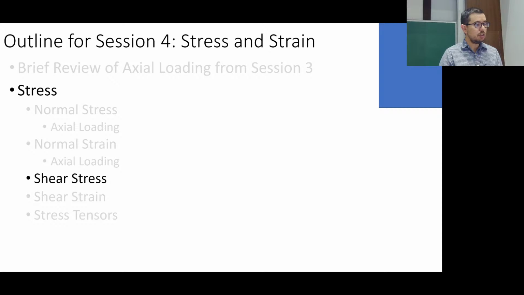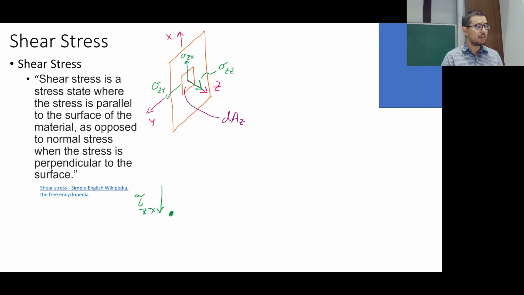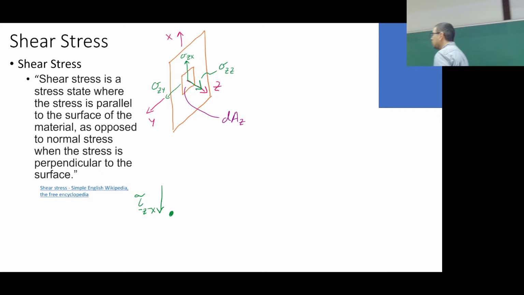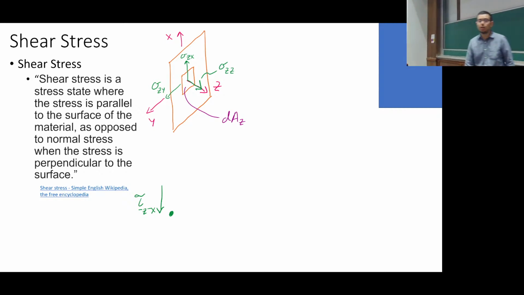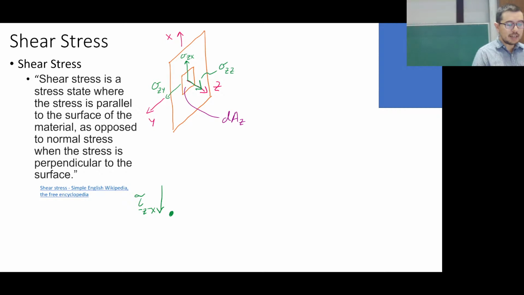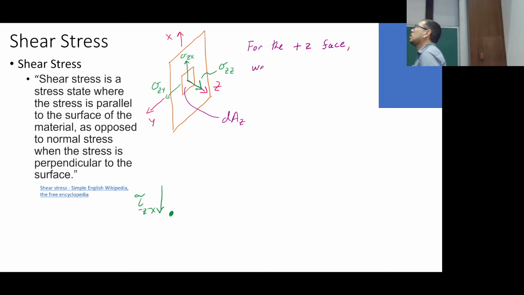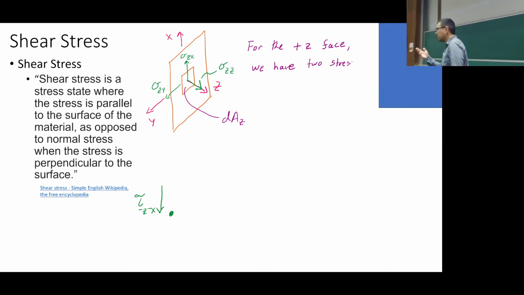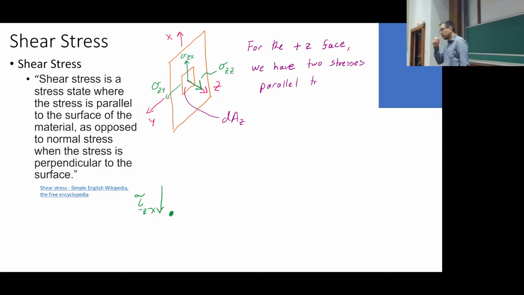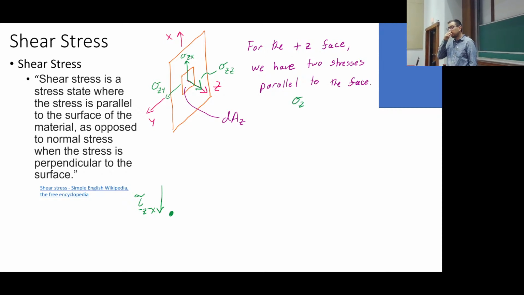Now, shear stress. We're not going to talk about shear stress in as much depth as we will later in the class. Shear stress is, though, the dominant mode of failure for many metals. I'm kind of jumping over some stuff, but metals often fail because of distortion, and that's usually more closely linked to shear stress than to normal stress.